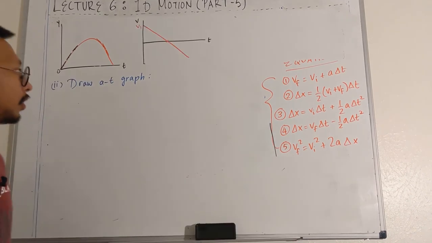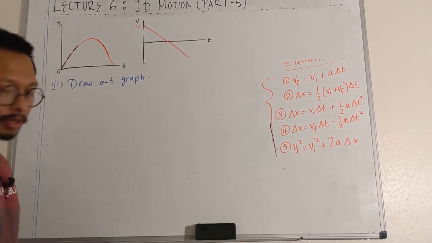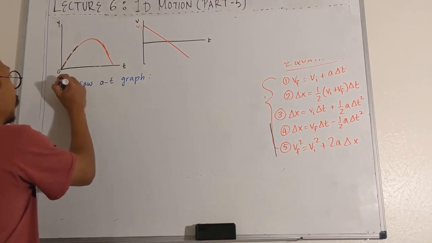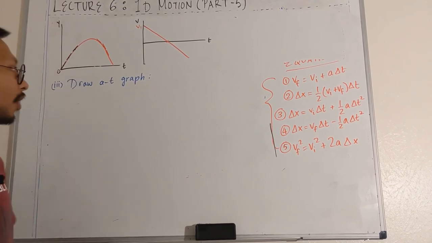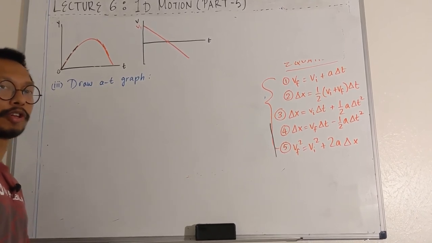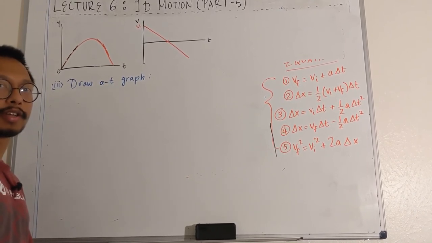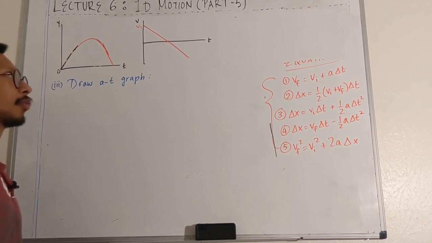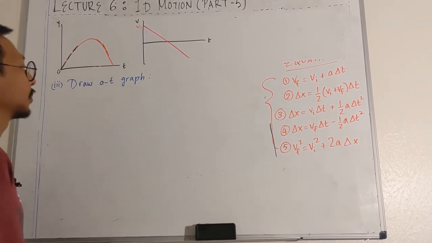Okay, the third part of the question now asks me to draw an acceleration time graph, or an AT graph. So we know that acceleration in this vertical motion, or any other motion under gravity, is constant at negative 9.8 meters per second squared with respect to the positive chosen upwards.